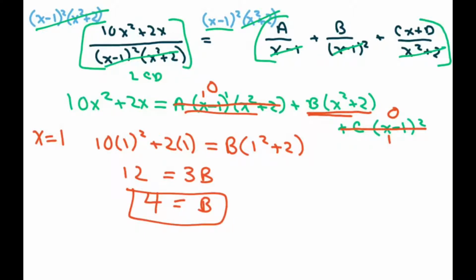Now all I have to do is find a, c, and d, and we are going to have to use a system of linear equations. So the first thing I'm going to do is let x equals 0. That's always a safe bet. And just plug it in.